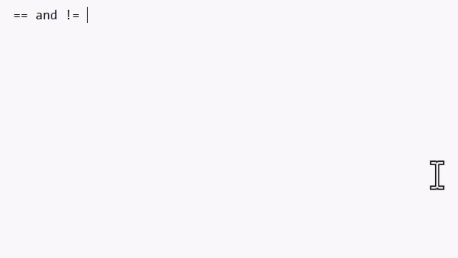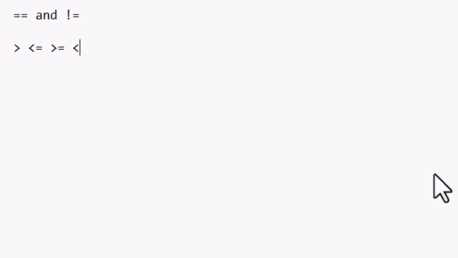And then we have relational operators. Relational operators are greater than, less than, greater than or equals to, and less than or equals to. So these are the equality and relational operators that we have.